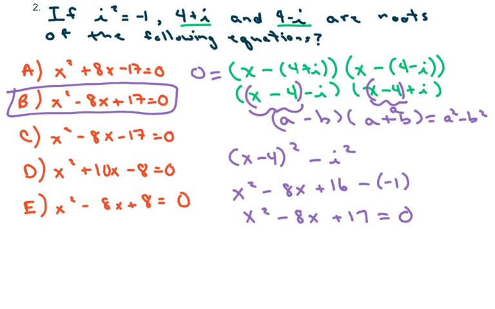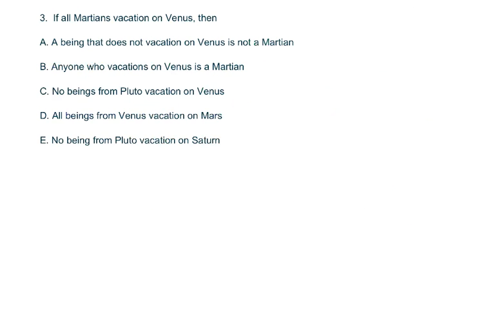Okay? And the last one for the set is a logic problem again. So we want to use the contrapositive. Let's see, what does this say? If all Martians vacation on Venus, then a being that does not vacation on Venus is not a Martian.